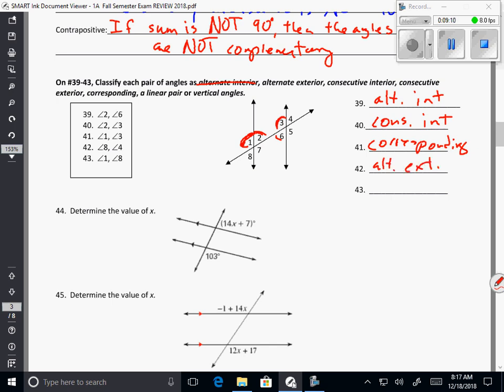And 1 and 8 are next to each other, so they would be linear pair. One of our options, yes.